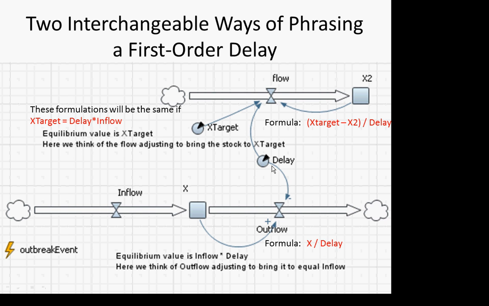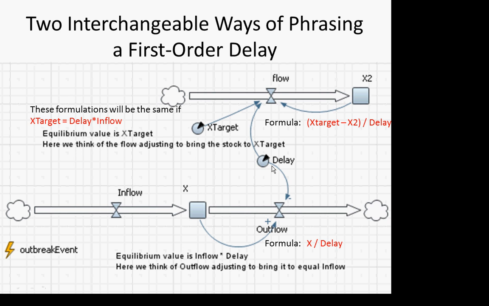The top one is in some ways more familiar or more comfortable in the sense that it's following this target, and the negative feedback is quite clear here because you have X target minus x2.